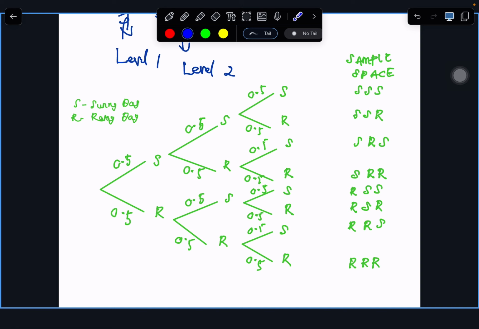If you multiply, you should have 1/8. So the probability of getting SSS is 1/8, or you can take 0.5 multiplied by 0.5 multiplied by 0.5. Can you check? Yes, 1/8.